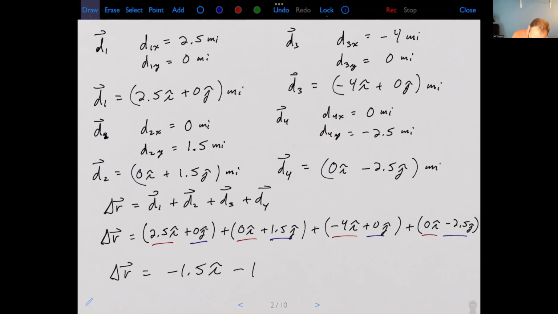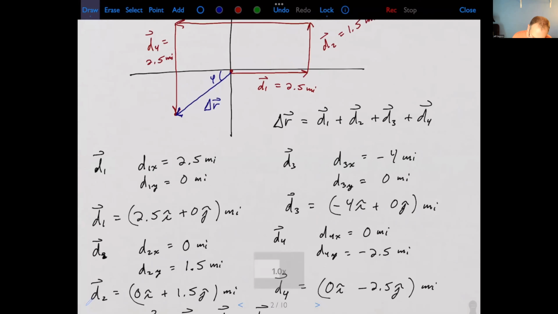So -1 J hat miles. So actually, that's my answer, right? In fact, if you look back at the picture, what it's saying is that the X component of delta R is negative 1.5, and the y component is negative 1, right? Negative 1.5, negative 1, and that's how we got delta r here.